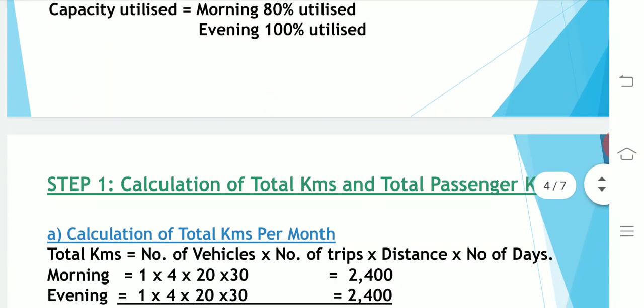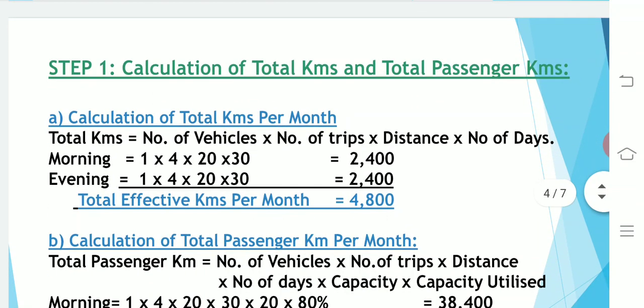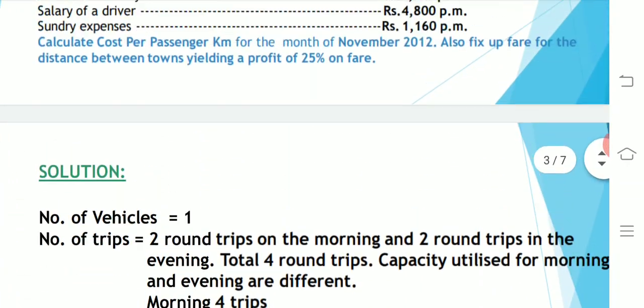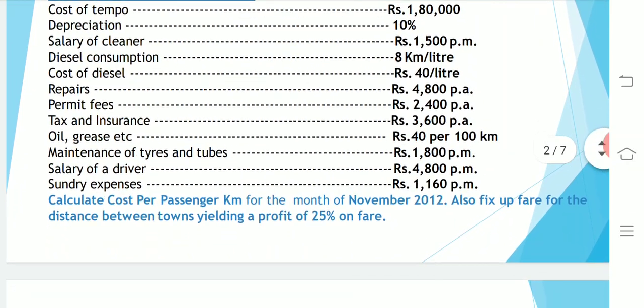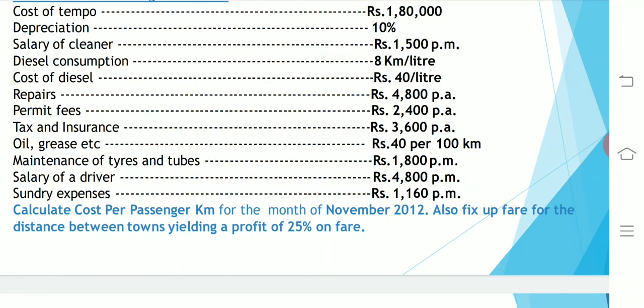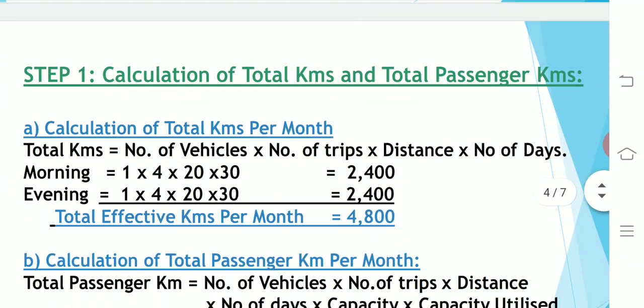So first step is to calculate the total kilometers and total passenger kilometers. We have to calculate the total kilometers here because the diesel cost and oil and grease cost are given per kilometer. That is, we have to calculate per kilometer and then calculate it per month. They have not directly given per month, so we have to calculate the total kilometers per month first, and then we can find out the cost of diesel and cost of oil and grease per month.